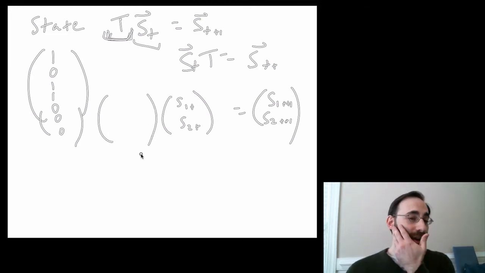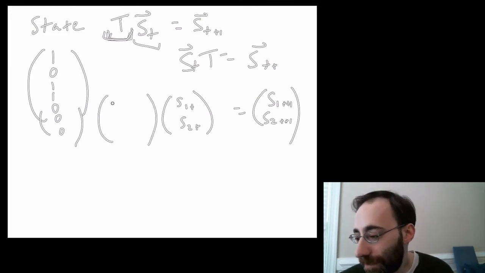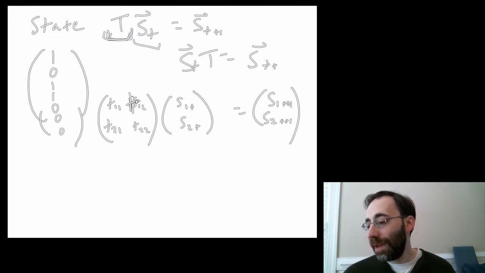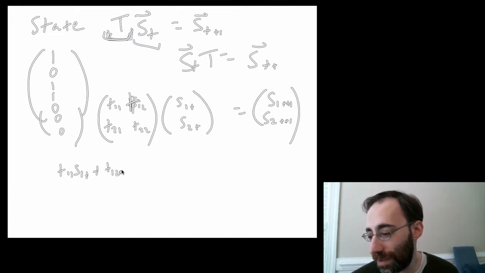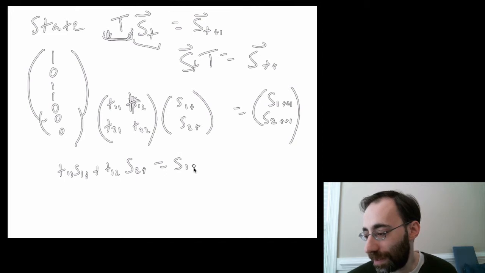And the idea is, how do you end up getting, here's T11, T12, sorry, T21 and T22. Well, the idea is this. Matrix multiplication says that T11 S1t plus T12 S2t is going to equal S1 at t plus 1.